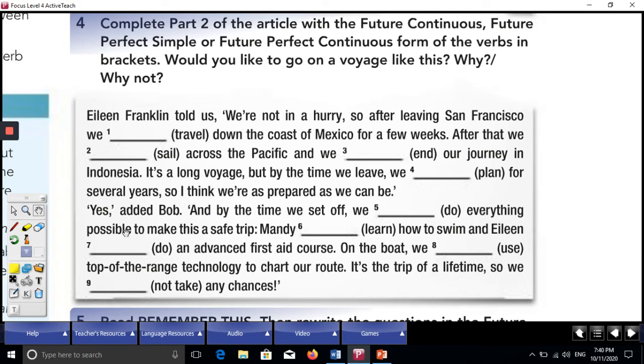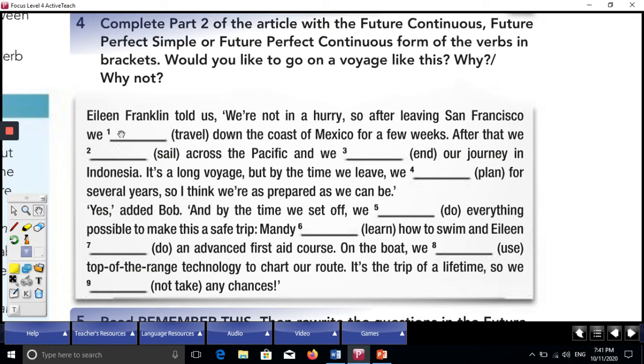For a few weeks means that this action will take longer, so we use future continuous. So we will be traveling. Please write down. Will be traveling down the coast of Mexico for a few weeks.